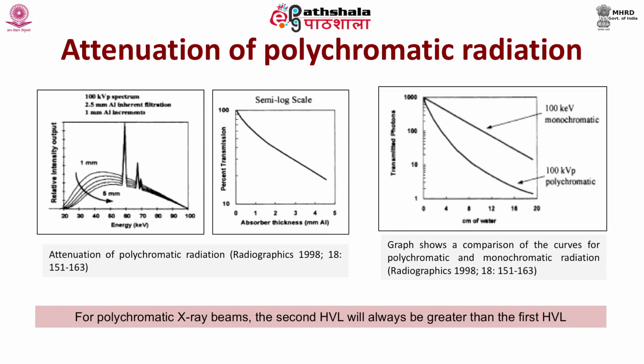The graph on the screen shows the attenuation of polychromatic radiation. If the same graph is plotted on semi-log paper, the curve for the monoenergetic beam is straight, whereas the curve for the polychromatic beam is not straight.